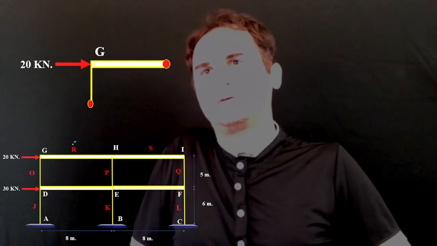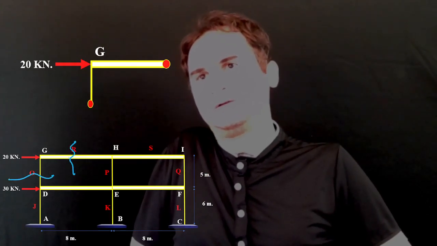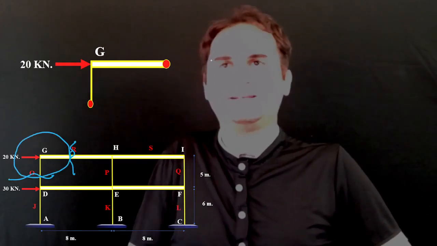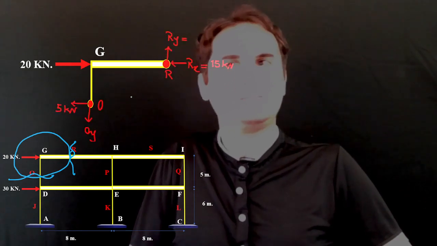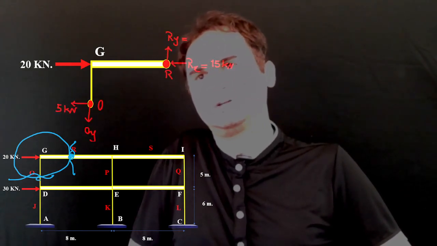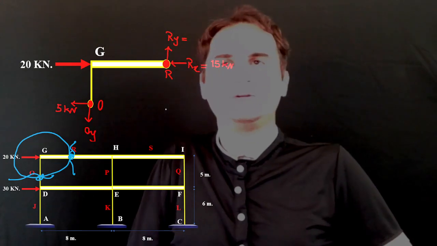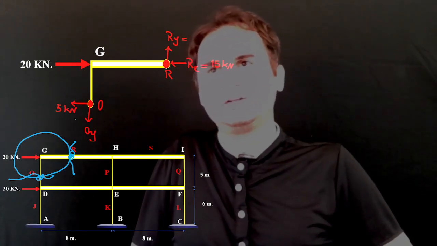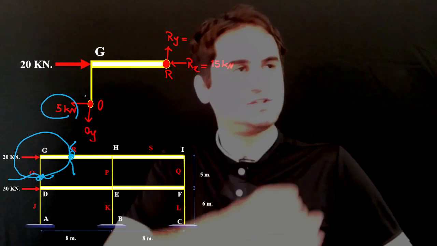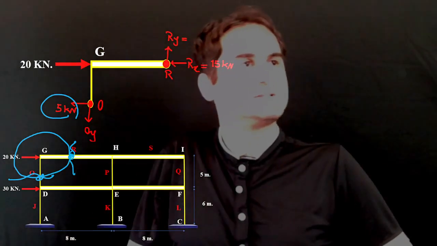Let's cut our structure at its center and take it out so we don't have any moment because it is an internal hinge. Based on the portal method, we already know this is 5 from the shear distribution for the top section.